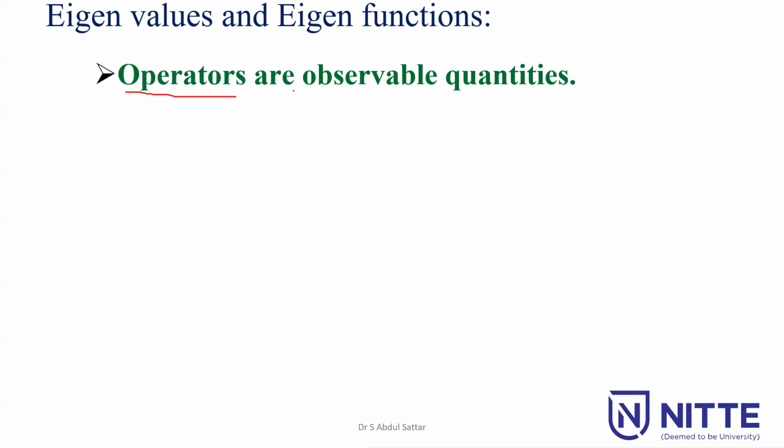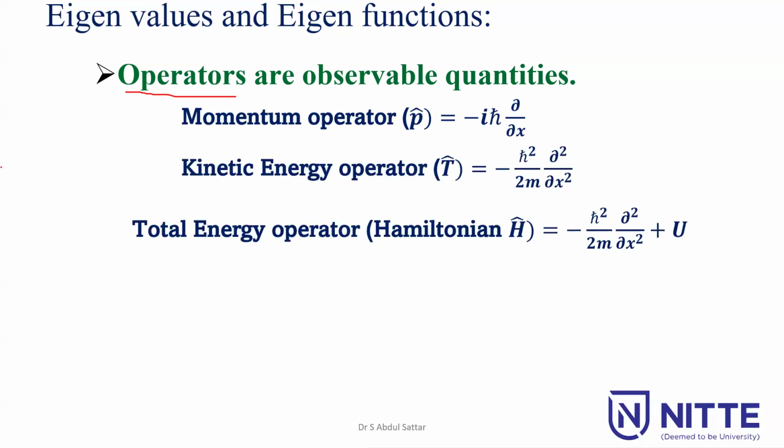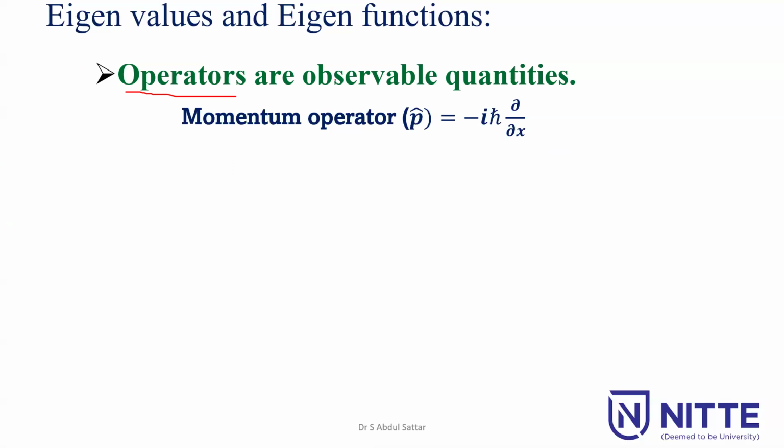Once we get the expectation values, we go forward with them. If the results are correct, then the expectations are correct. Here I will give some examples of operators. One is the momentum operator, P cap. We represent operators with a cap.